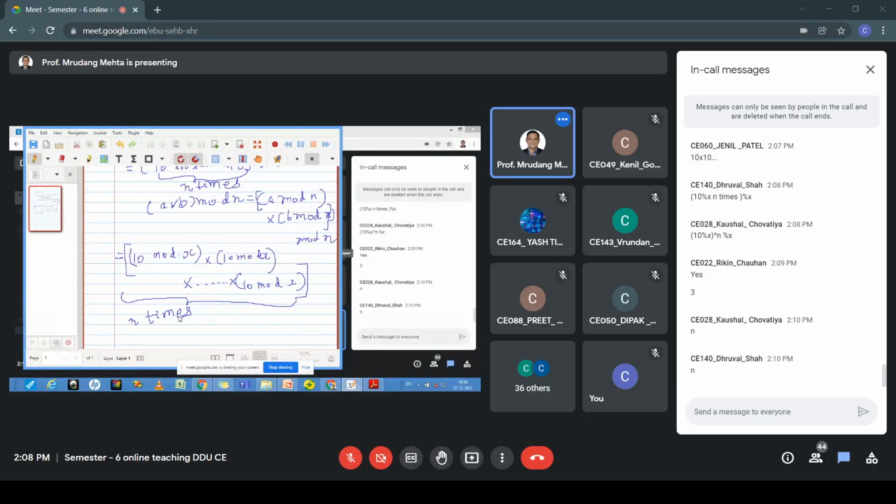Correct? So is there anything remaining? We can write mod x. Correct?